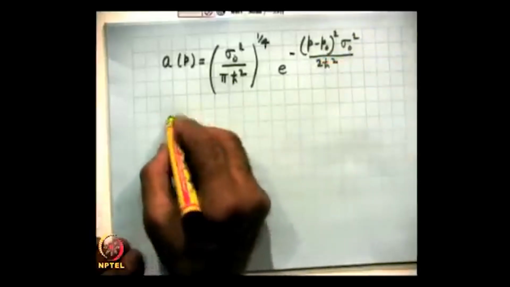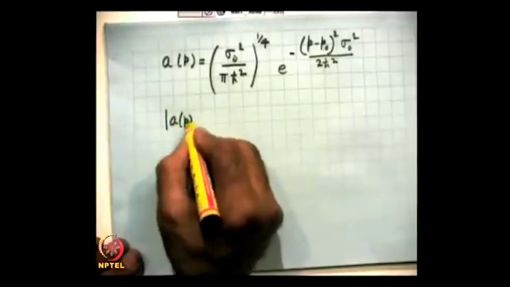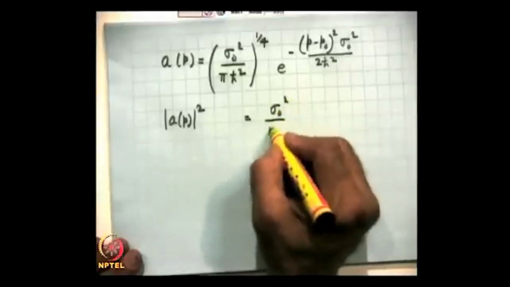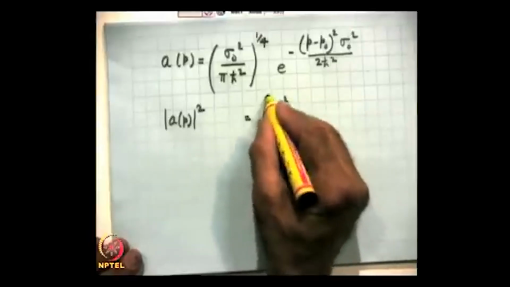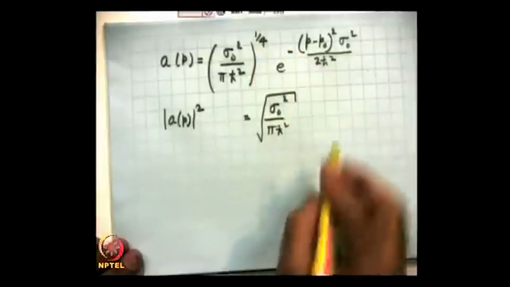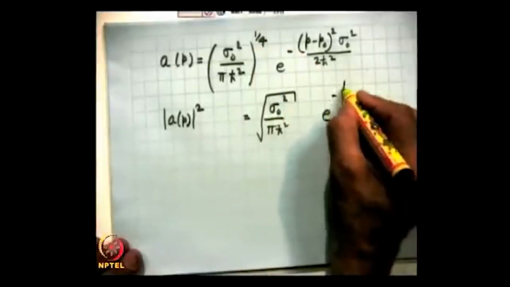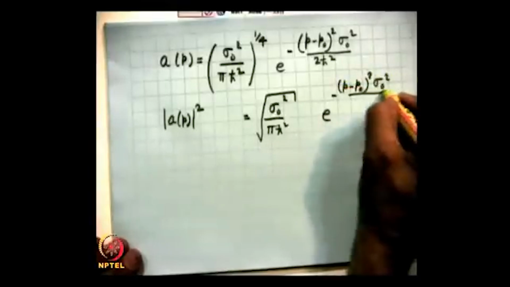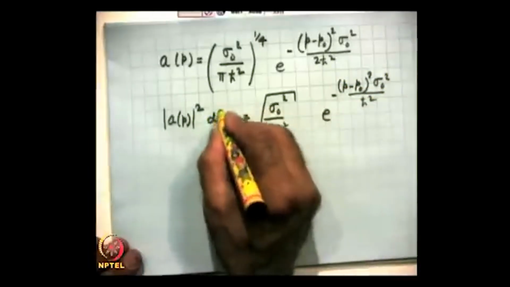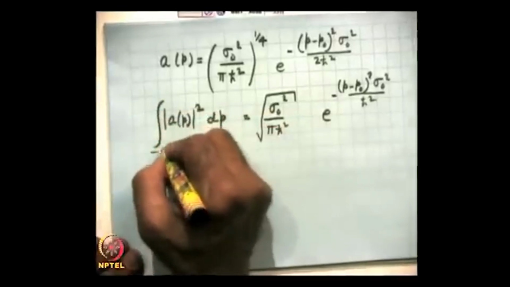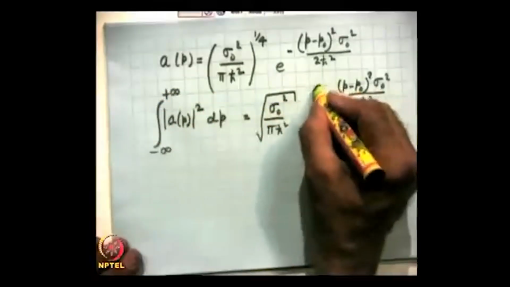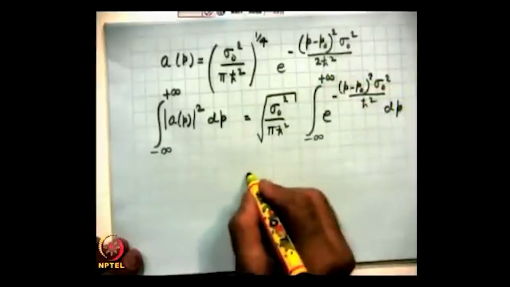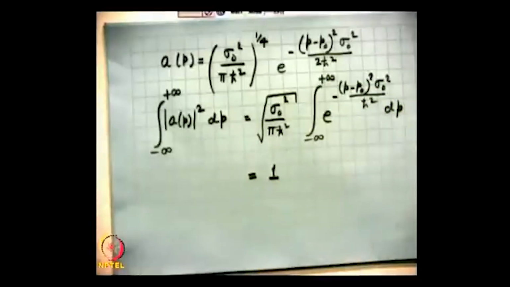So, mod A of p square will be sigma 0 square by pi h cross square under root, and this will become e to the power of minus p minus p naught whole square sigma naught square by h cross square. And if I integrate this from minus infinity to plus infinity, I leave this as an exercise. Using the same formula, this will come out to be equal to 1.